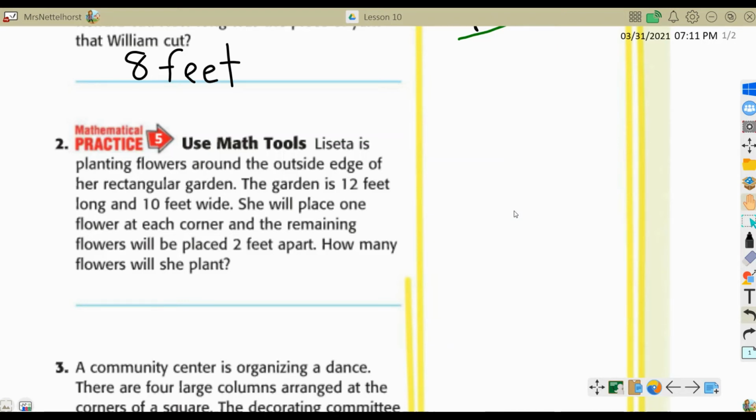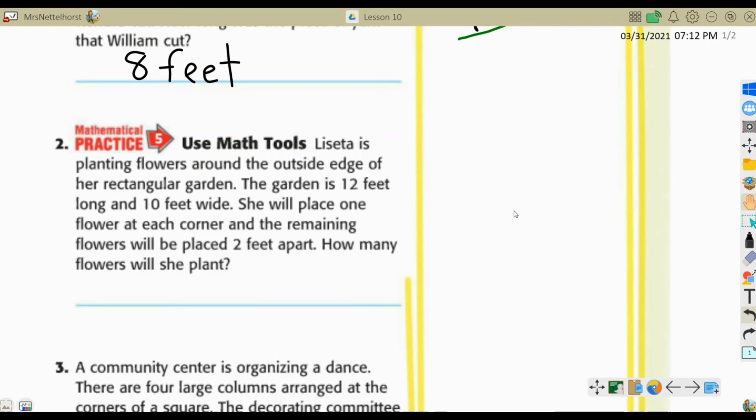So she's got a rectangular garden, and two sides are longer than the other two. And we know she's going to place a flower at each corner, and then she's placing flowers some amount of space apart. Okay, so let's go ahead and read it now with the numbers. Lisetta is planting flowers around the outside edge of her rectangular garden. The garden is 12 feet long and 10 feet wide.